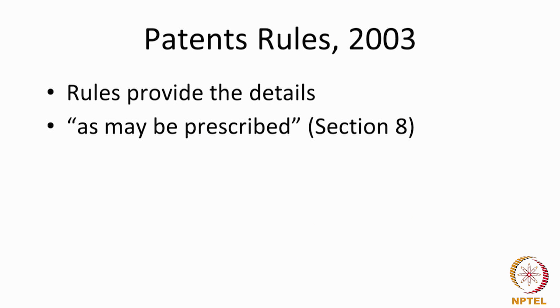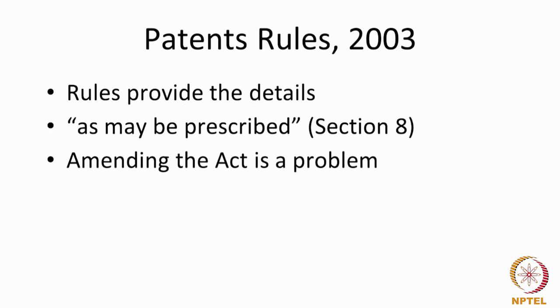So, wherever you find this language in the act, as may be prescribed, within the prescribed period, within the prescribed time, you will find that there is a corresponding reference to the details, how many months or how many years, in the rules. And this is largely to ensure smooth functioning of the patent system, because amending the act is a problem in the sense that the procedure is a detailed one and it takes time to amend the act.